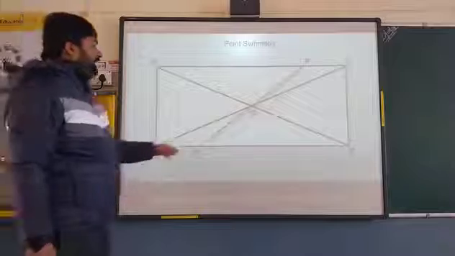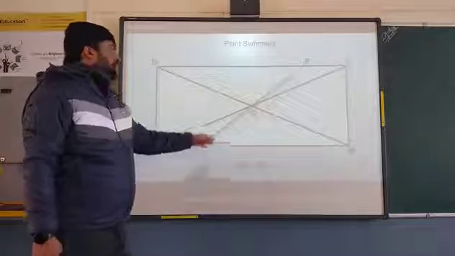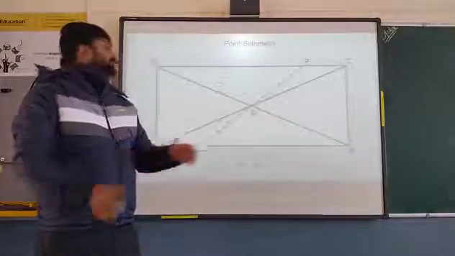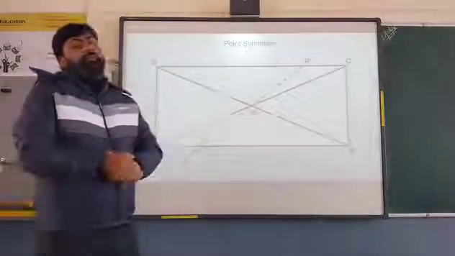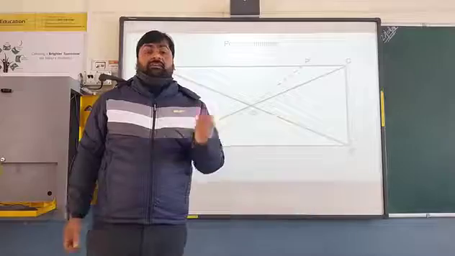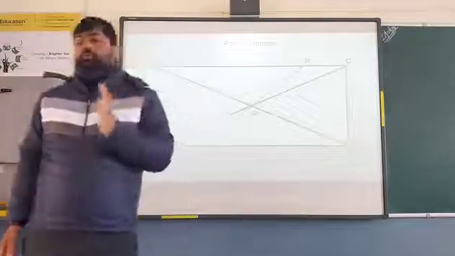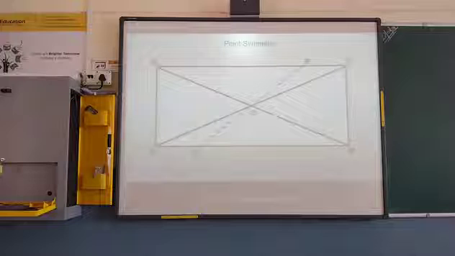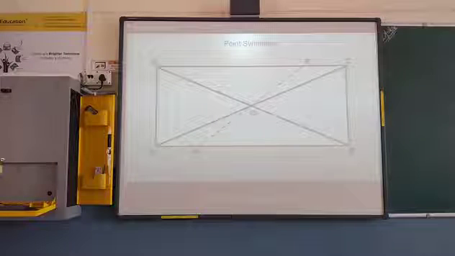Now if we measure the lengths of OP dash and OP, we find that both line segments are equal. What does it mean? Does it verify the definition already told? I am again telling that point symmetry exists when a figure is built around a single point called the center.